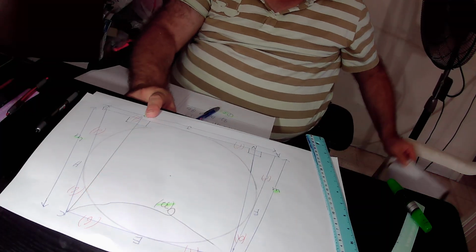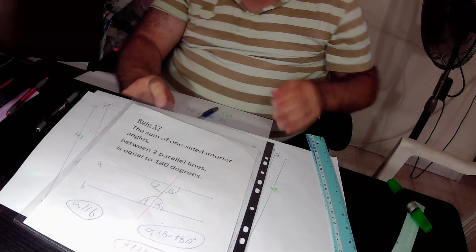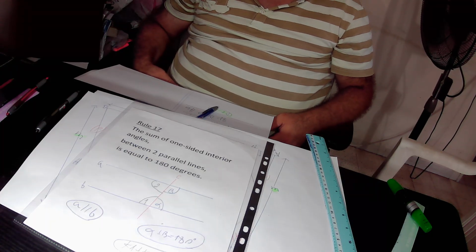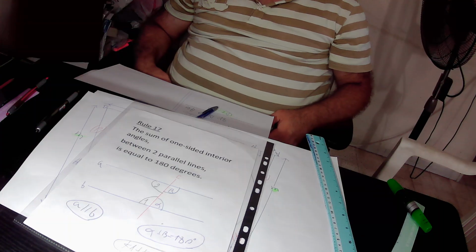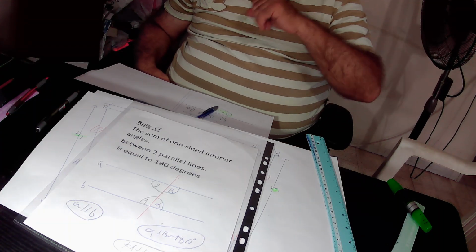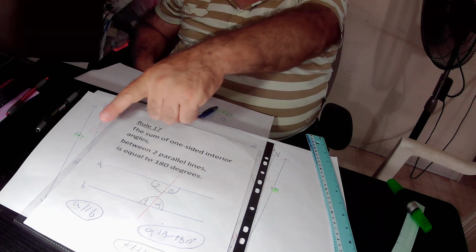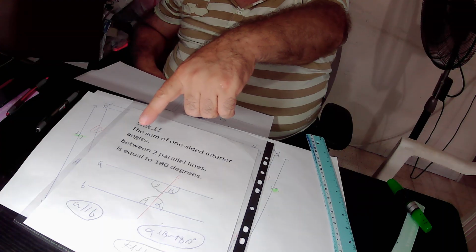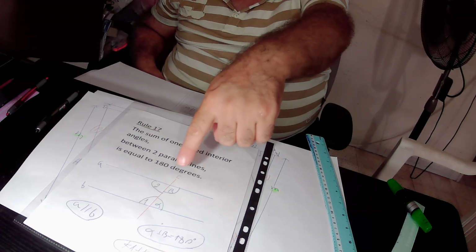So if we click on Rule 17, according to Rule 17, the sum of one-sided interangles that are located between two parallel lines is equal to 180 degrees. In the drawing, we have line A that is parallel to line B, and line C cuts those two parallel lines A and B at those two points.